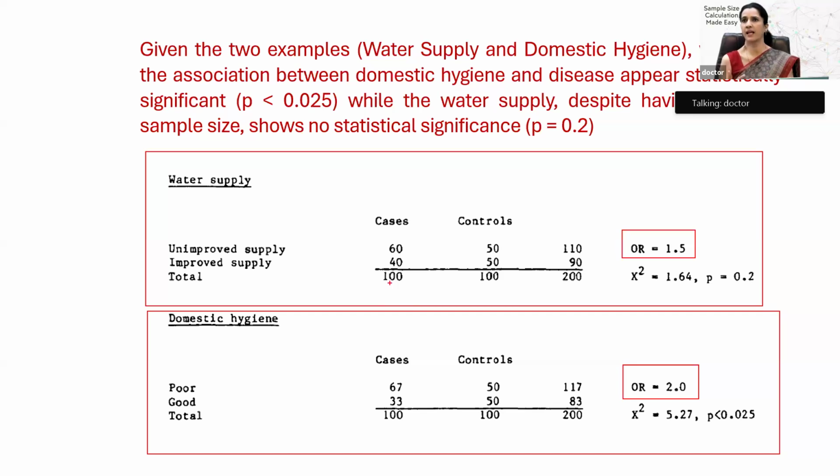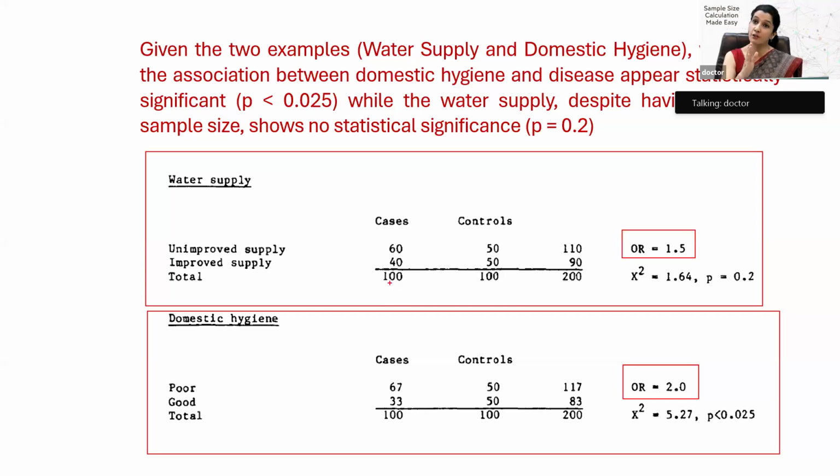Let's say in an outbreak investigation, the cases are already there. But if the odds ratio is 1.5, you have to make it 600. So how can it be achieved? Yes, you have to increase the number of controls.